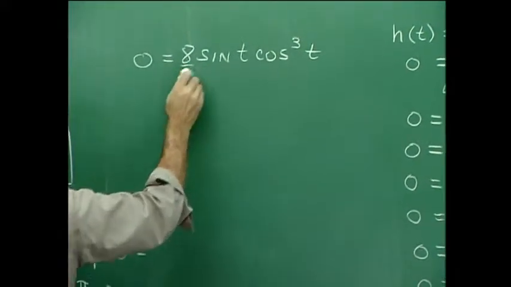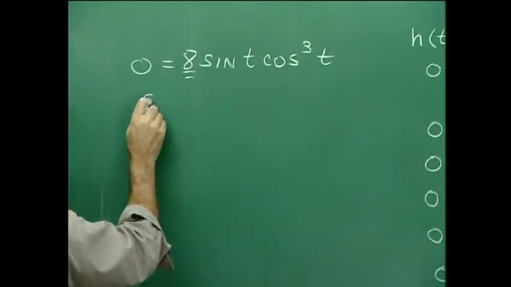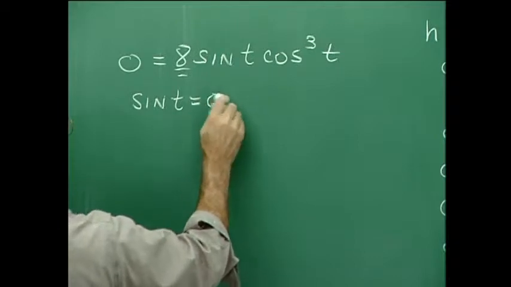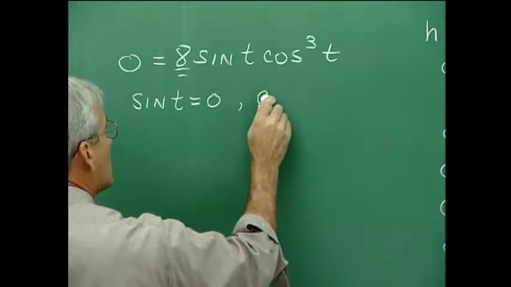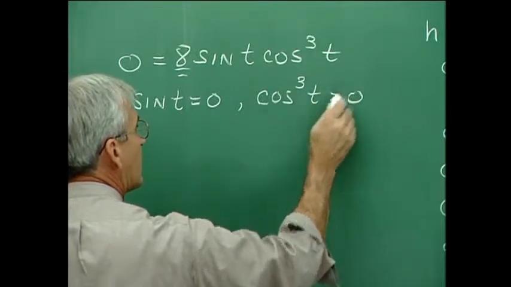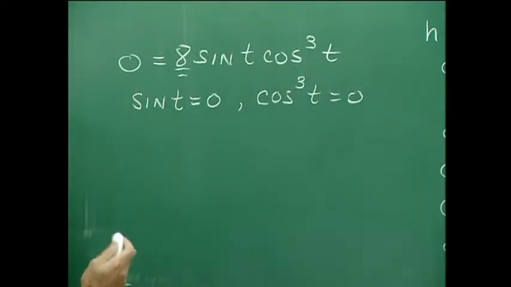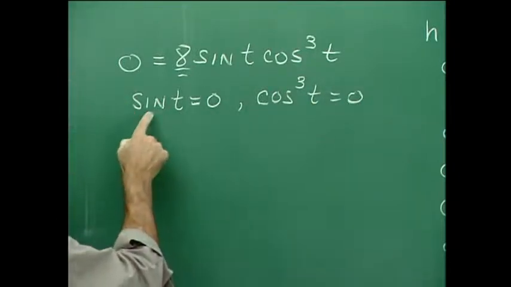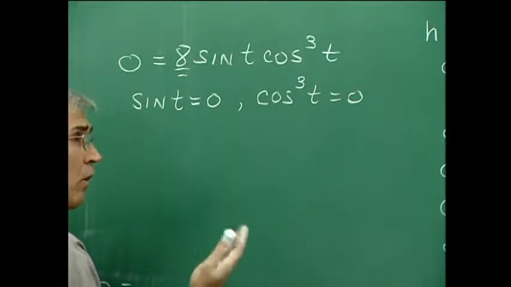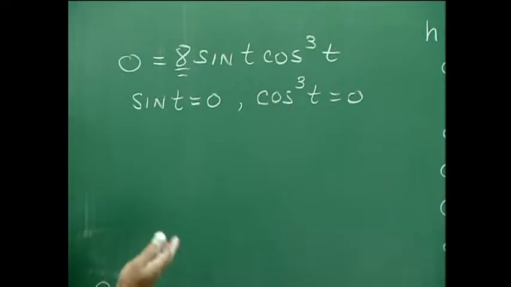Okay, we said that this makes no difference. And now we're looking for the values of t that'll make sine t equal to 0, and the values of t that'll cause cosine cubed t to be equal to 0. So we're solving these two. And both of them are fairly easy. The sine of what angle is equal to 0? Well, we're just thinking of the sine curve, and where on the sine curve do we have x-intercepts?